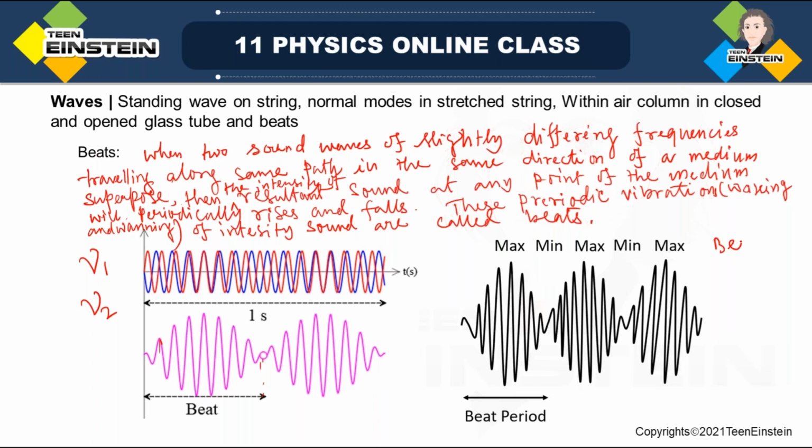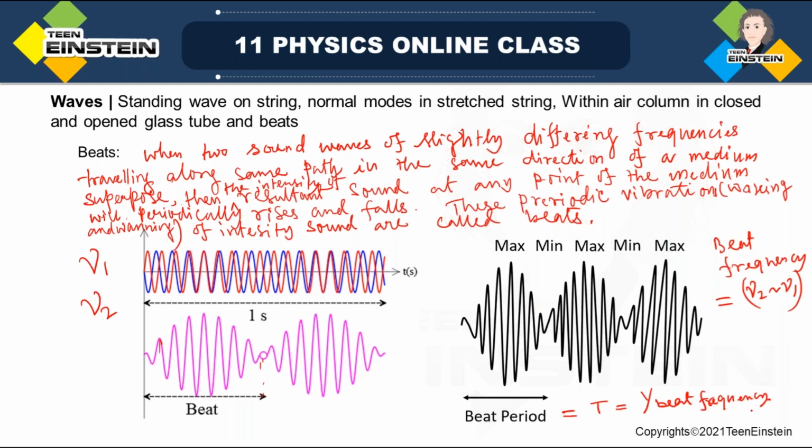Beat frequency is nu 2 minus nu 1, the difference of the frequencies. So then what will be the time period of the beat? Beat period T is equal to 1 over beat frequency, right? If you know the beat frequency, then you can find the beat period.